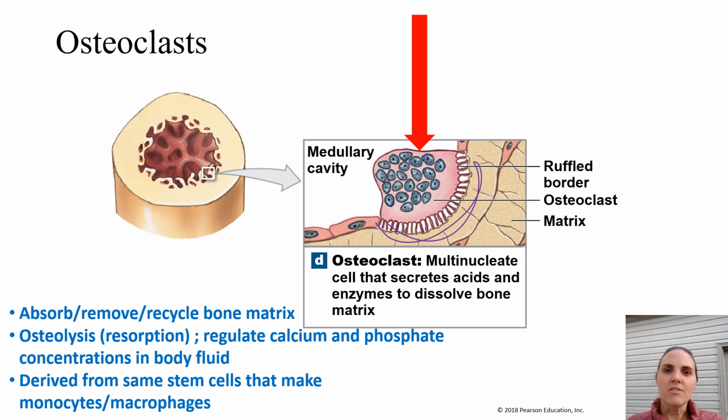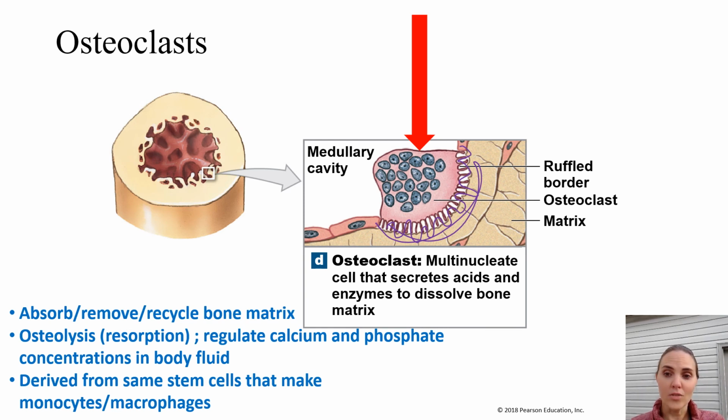These cells have little finger-like processes, which are called a ruffled border. And you can kind of appreciate that in this picture, how there's little processes, little edge there in the image.